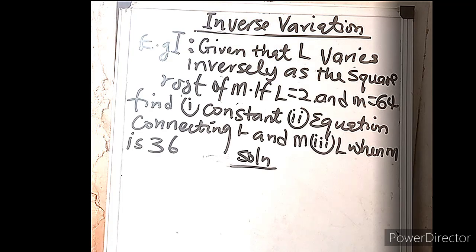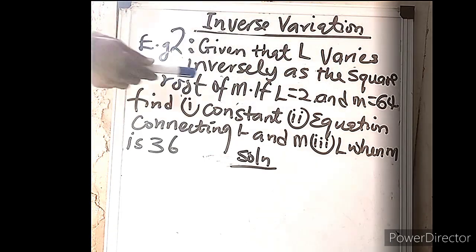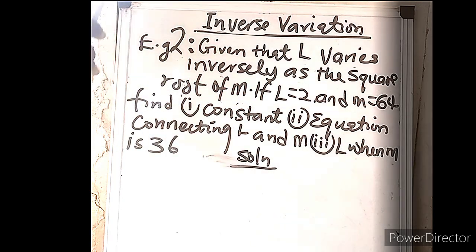Okay, still on inverse variation, we want to take example 2. Given that L varies inversely as the square root, take note of this word, square root. You must analyze each word, please. When you are trying to solve mathematical questions and you want to maintain accuracy, you must take note of each statement.